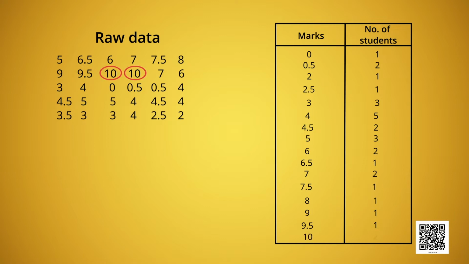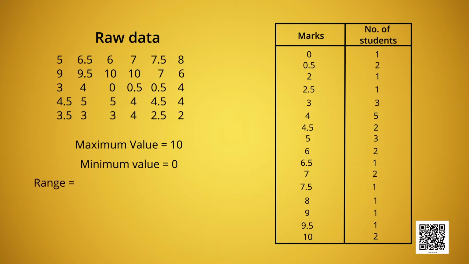And 10. 2 students have scored 10 marks. So you can see from this table that the maximum value is 10 and the minimum is 0. The difference between the maximum and minimum value is called range. So range is equal to maximum value minus minimum value, which is 10 minus 0, equal to 10.